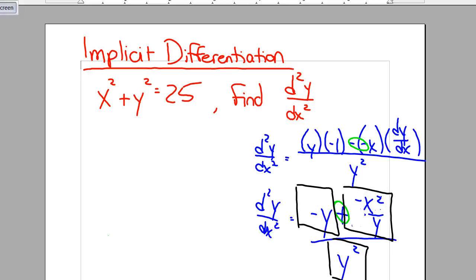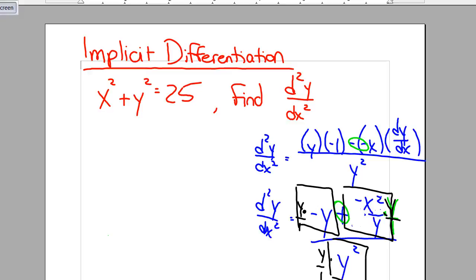So I got 3 terms. I cannot have a fraction on top of a fraction. So I need to get rid of the fraction over a fraction. So what can I multiply this term by so it's not a fraction? Multiply by y. So I'm going to multiply this by y over 1. But if I multiply that term by y over 1, I've got to multiply this term by y over 1, and I've got to multiply this term by y over 1.